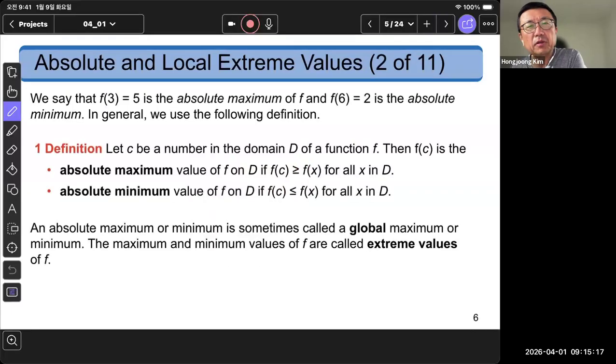But before we consider the mathematics, let me introduce some terminologies. I mean, I want to define some terms, okay, and then we want to derive some theorems.